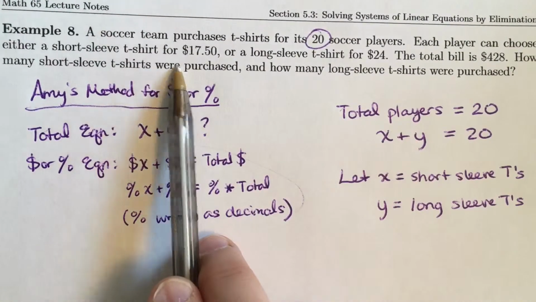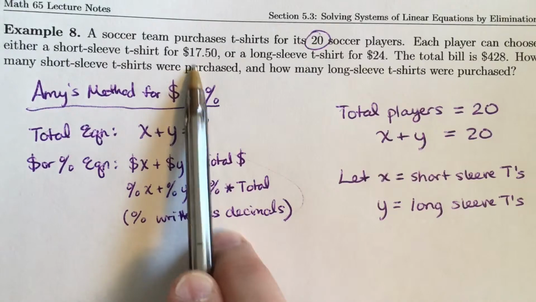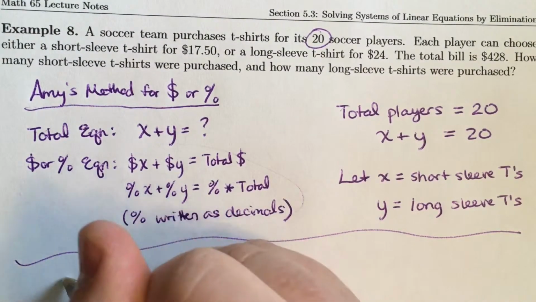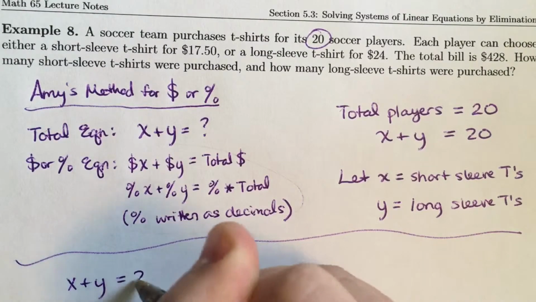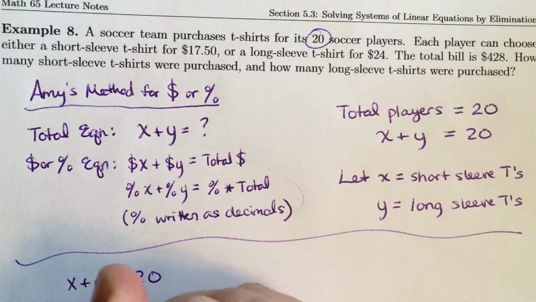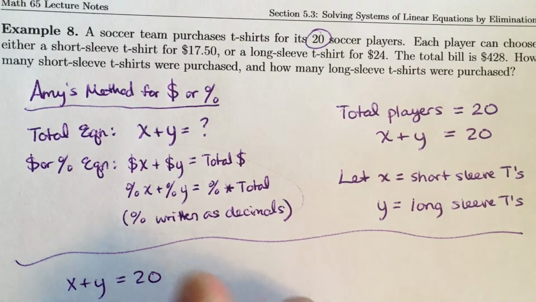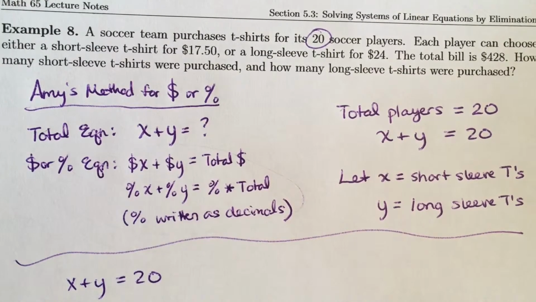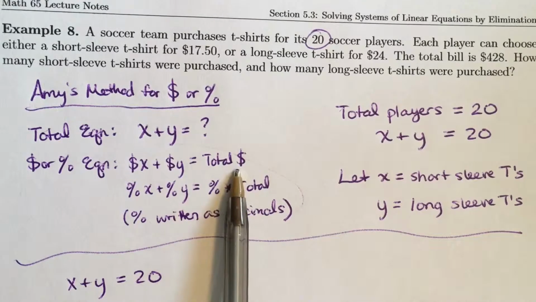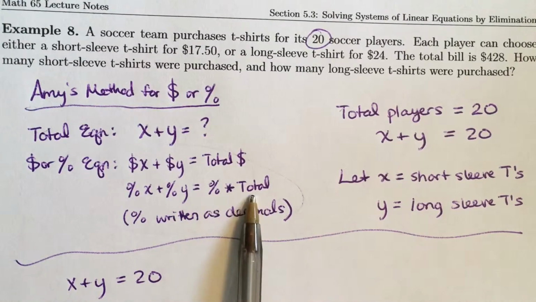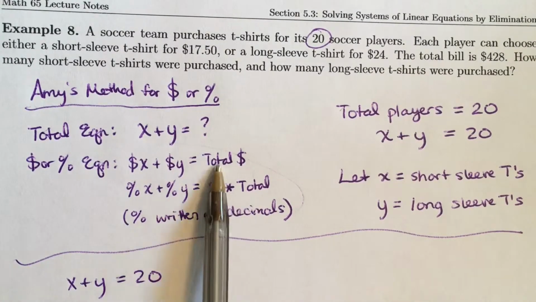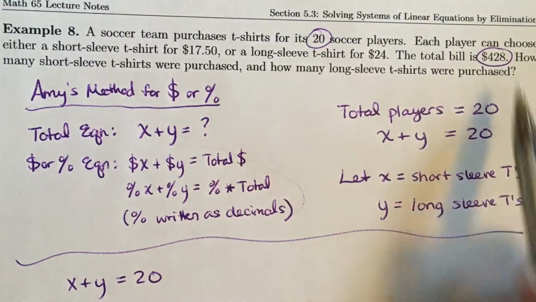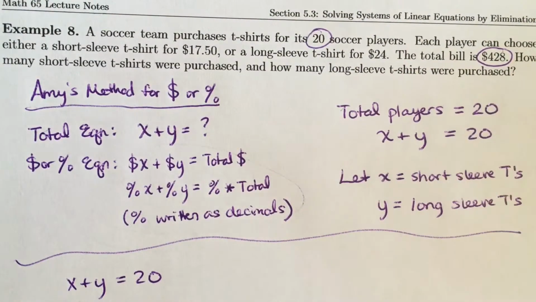They tell us that a short sleeve t-shirt is $17.50. So I know one of my equations is x plus y equals 20. The other one, I'm going to need $17.50 times the short sleeve plus $24 times the long sleeve, and then it should be a total amount of money. I won't have to multiply because it's not a percentage. They give us that the total bill is $428.